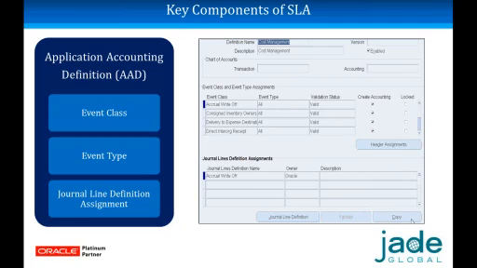Examples of event type are invoice validated, payment created, return to vendor, and COGS recognition. Here, you will not see the specific event type because the event type shows all, but you will see it as we go along to the other slides. Keep in mind that sometimes the event class has the same value as the event type. At the bottom of the screenshot, you will see the journal line definition assignment.